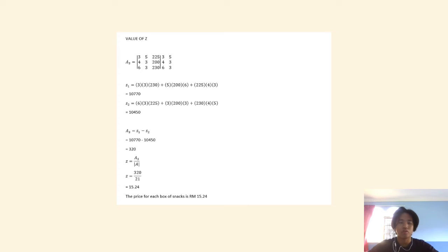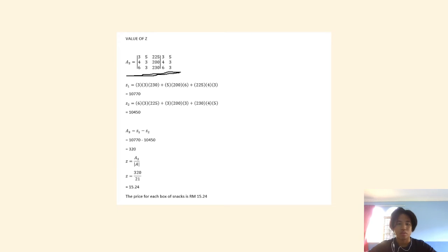To find the value of z is just like how we find the values of x and y. So first we write the determinant of A3 equal to this matrix, and from this matrix we find the values of S1 and S2, and we get S1 is 10,770, S2 is 10,450, and after we subtract S2 from S1, we get the determinant of A3 is 320.